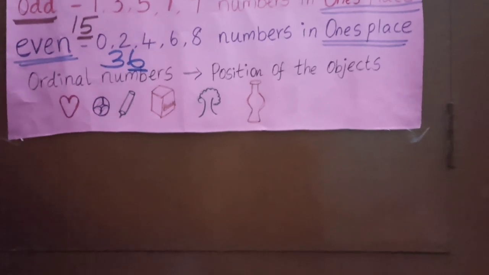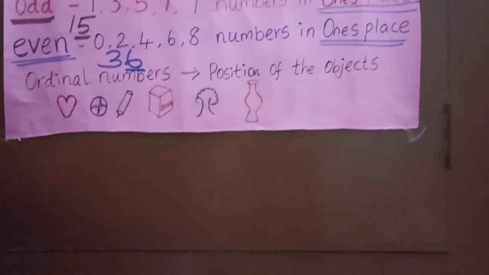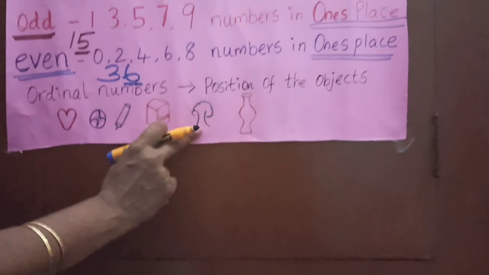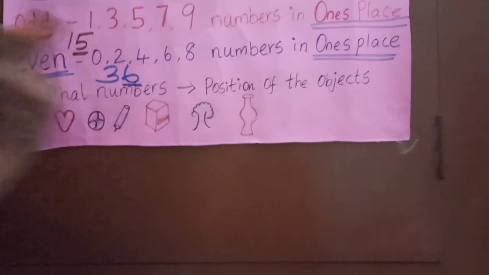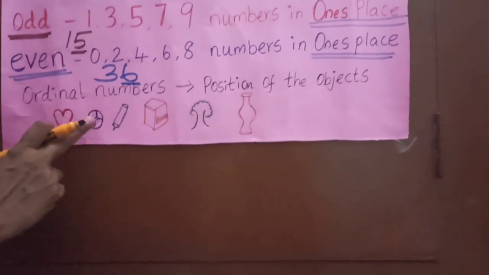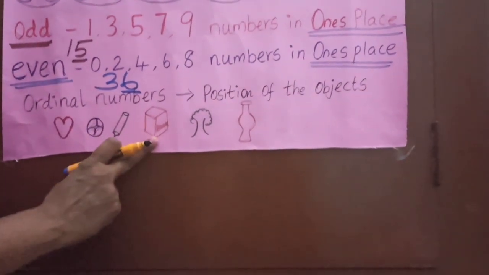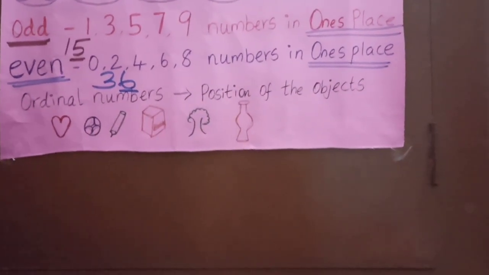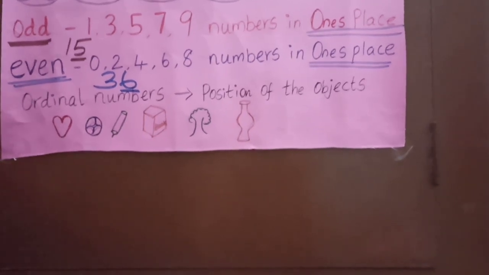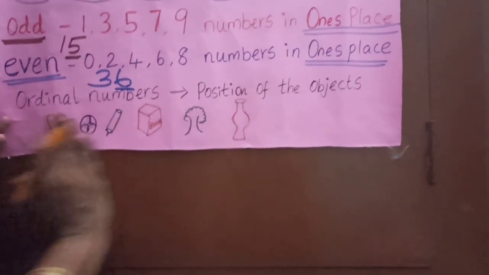Third place. Now tell me the tree's place. First, second, third, fourth, fifth. Okay, this is from left to right.